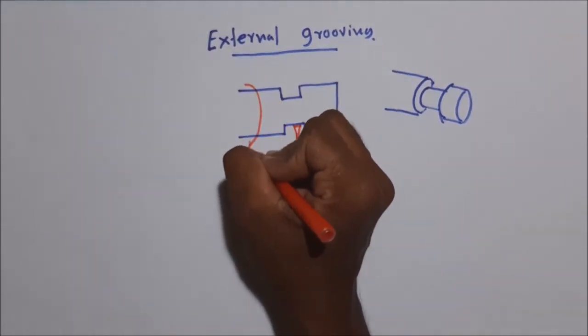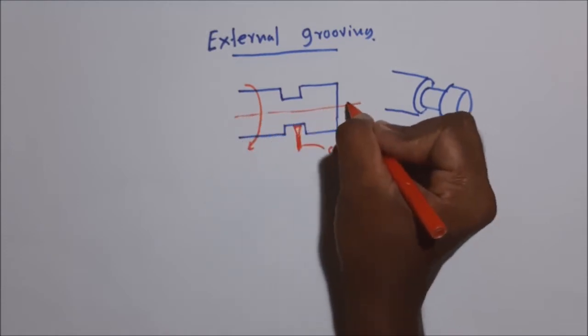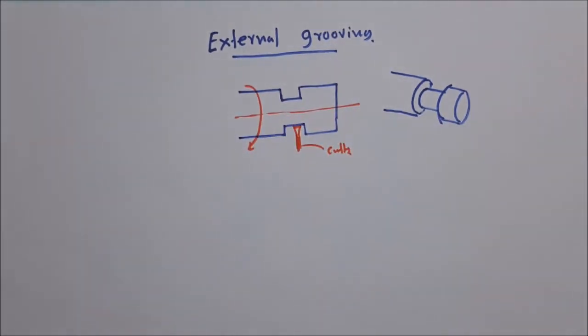It rotates in this direction. This is the rotating axis of the lathe machine.